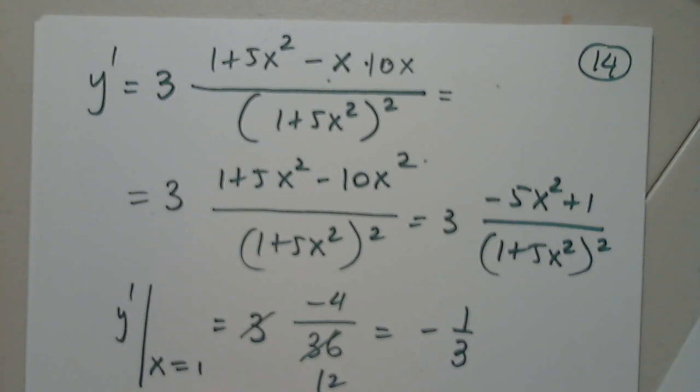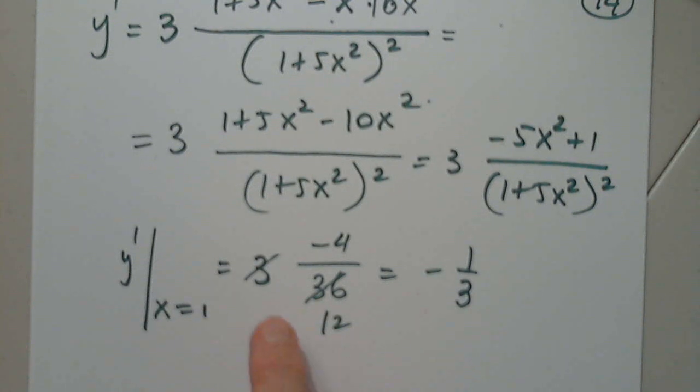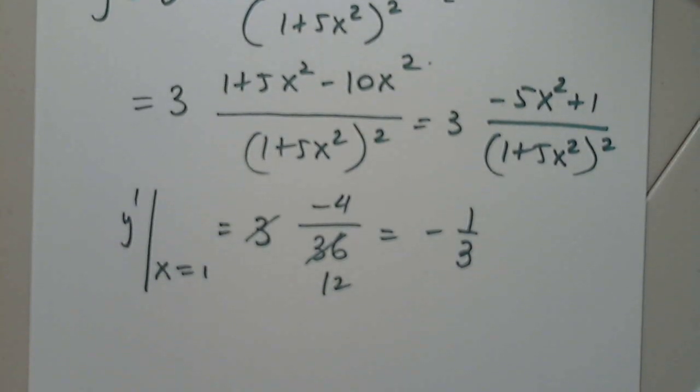And when I plug in 1, negative 5 plus 1 is negative 4. 3 is outside. And 1 plus 5 is 6. 6 squared, 36. I simplified 3 and 6 and 36, and I got 12. And negative 4 and 12 by 4, and I got negative 1/3. Is that okay? Yes, I'm with you now.